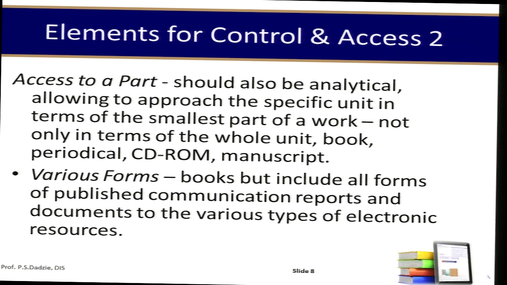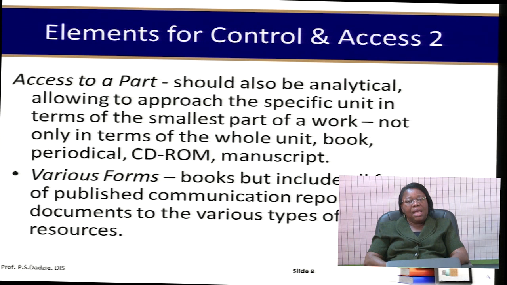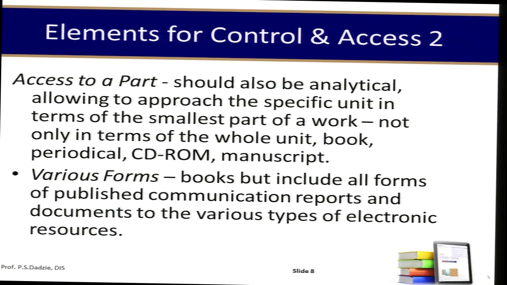Another element of bibliography is access to a part. The bibliography should be so analytical that you'll be able to find the smallest unit in the book. So it should give you access to the author, the title, the place of publication, the publisher. Another element is the various forms. As I said, materials can appear in various forms, either in book format, or in various types of electronic resources.